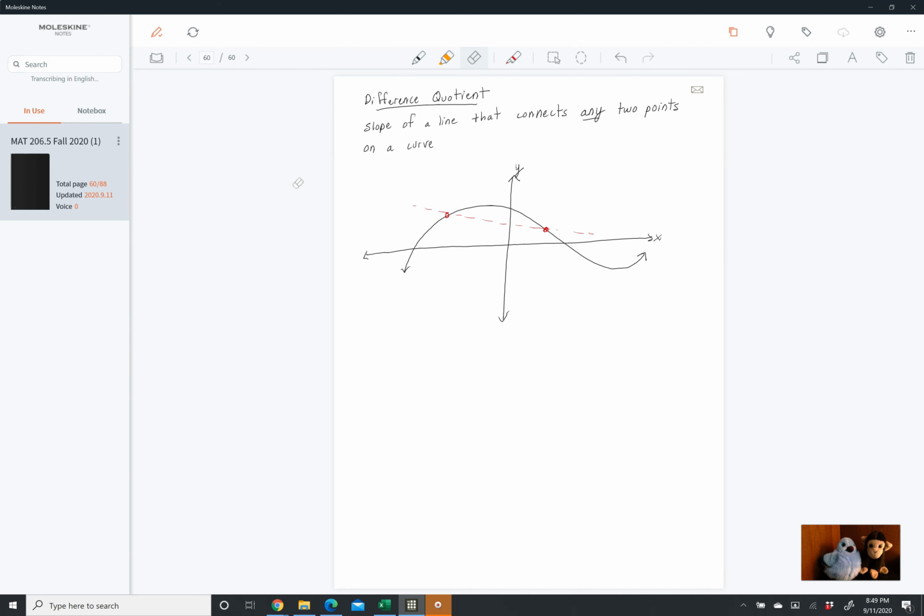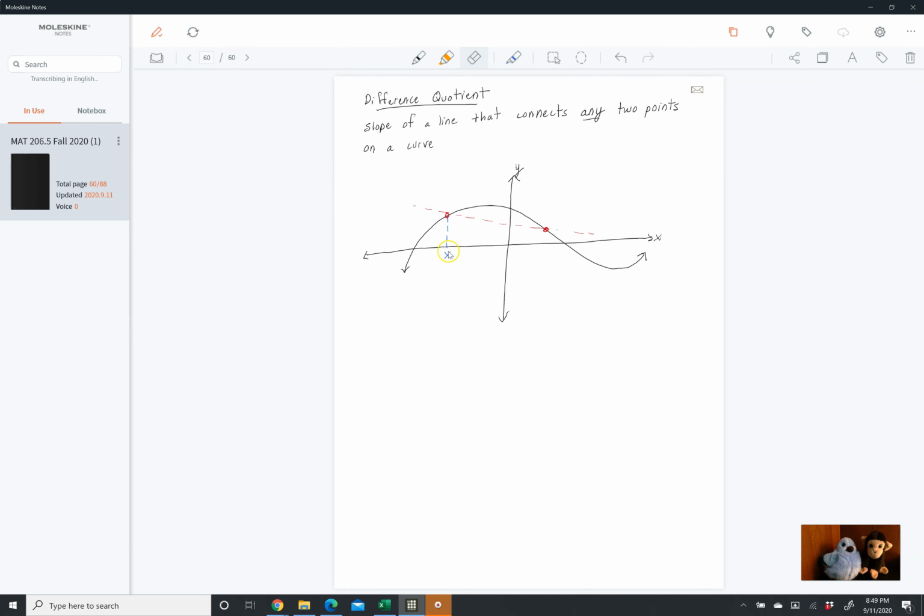We call this, let me put this in a different color though. We're going to call this x. This is our first x, and we're going to call it x. And what we're going to do is instead of giving you a second point, we're going to generalize this more.